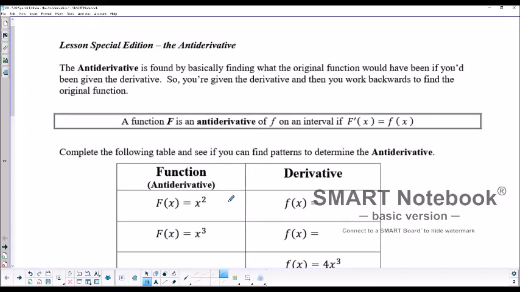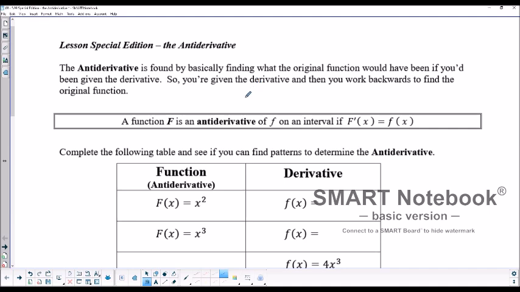Hi, welcome to this special edition lesson for the end part of calculus, which I'm going to be calling the antiderivative. Well, actually, many people in the past have called it the antiderivative, so there's nothing special about me calling it that. So we've talked about derivatives a lot and differentiation, and there's another part of calculus that is called integration.